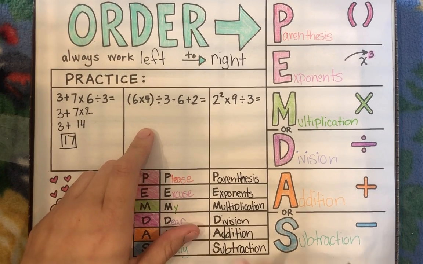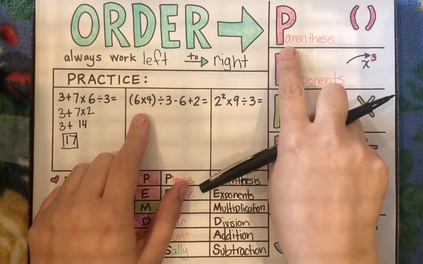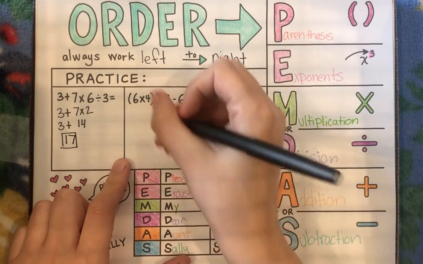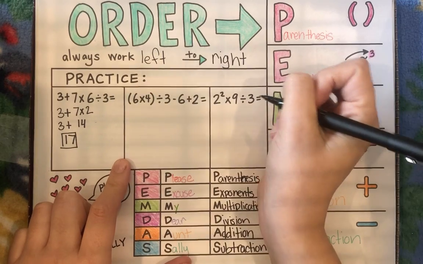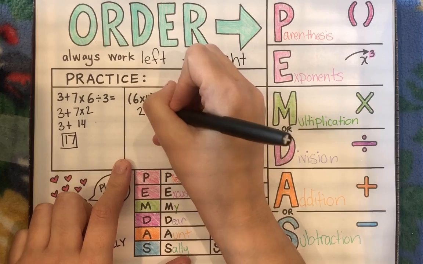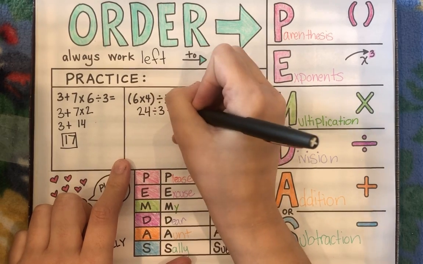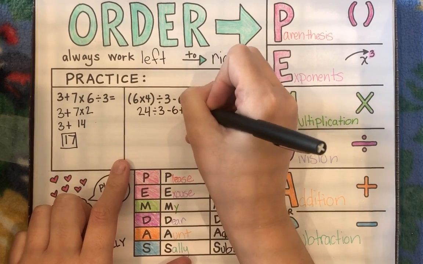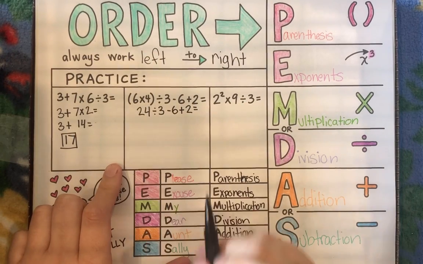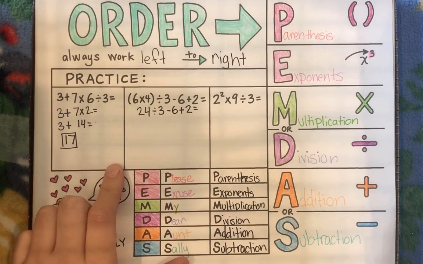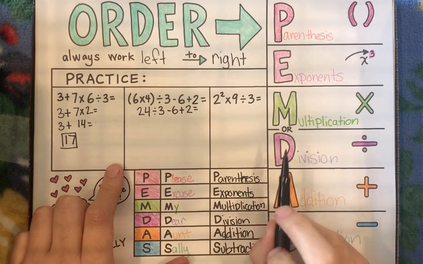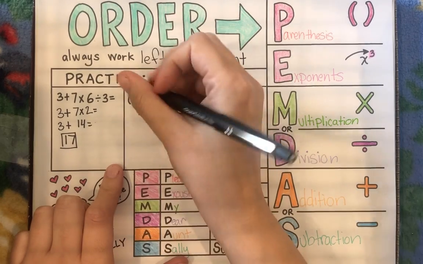Let's try another one. This time we have parentheses, so that means we need to start there and do that operation first. So 6 times 4 will give us 24. So our new equation is 24 divided by 3 minus 6 plus 2. There are no exponents, there's no multiplication, but there is division.